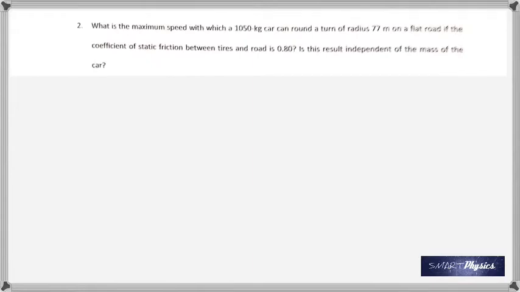Question 2, what is the maximum speed with which a 1050 kilogram car can turn round a turn of radius 77 meter on a flat road? So that means there is no banking in this road and it's only static friction that will keep the car on the road.